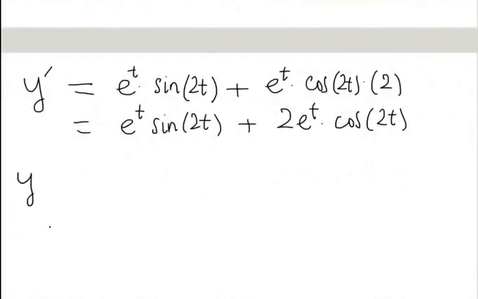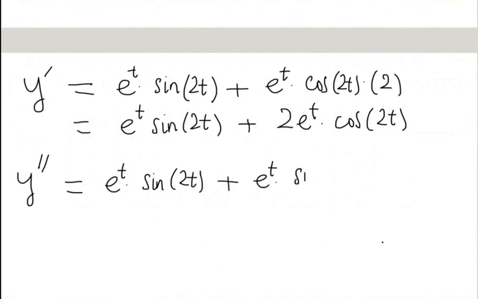Now next, compute the second derivative by using the chain rule again. We differentiate e to the t sine 2t plus e to the t cosine 2t times 2.